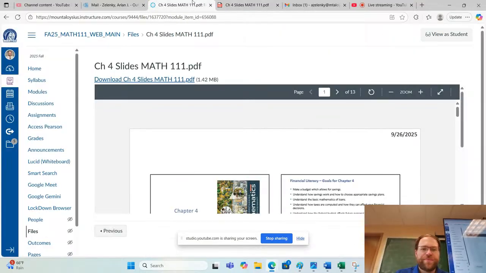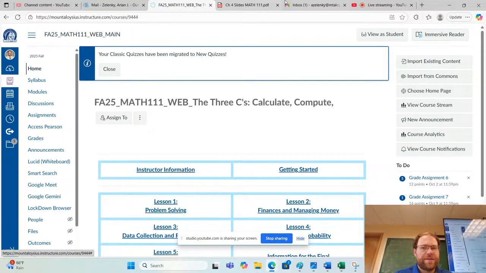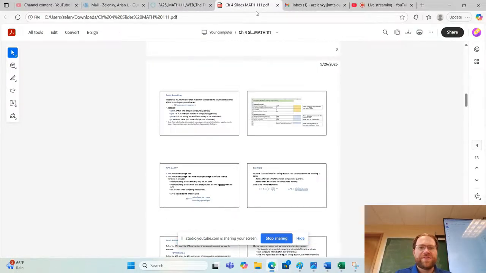So what we'll do, we are just going to continue on with the chapter 4 slides, but some of them are going to deal with Excel. So that's why I'm going to be using the screen up here tonight. But let me just get the slides here.